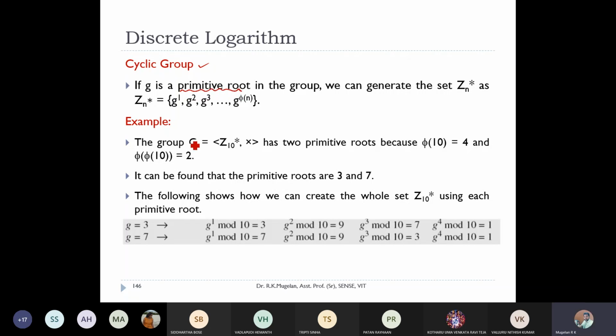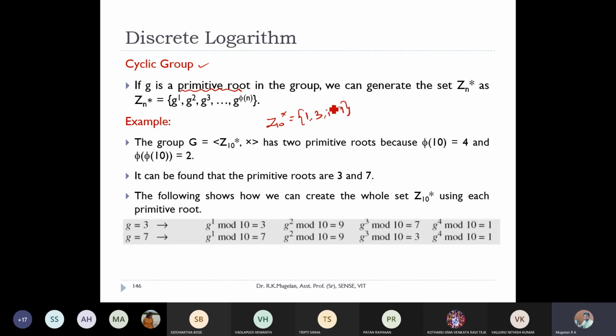How, in the sense, for example, if we take a finite multiplicative group which has elements from Z10 star, the elements are 1, 3, 7 and 9, right?